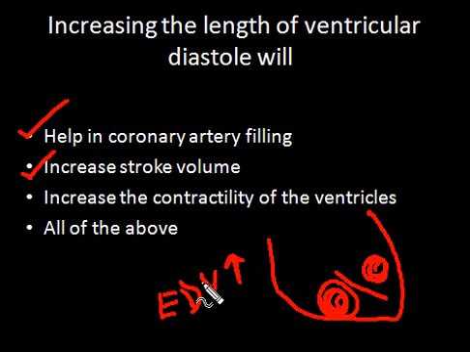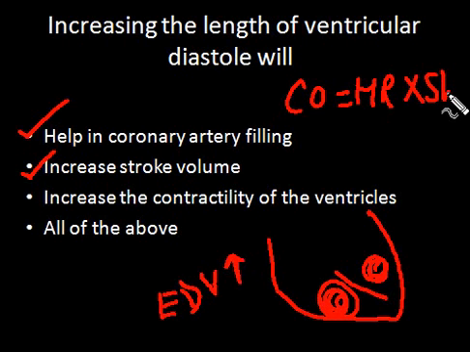And actually, this is how athletes maintain their cardiac output. See, cardiac output is heart rate times stroke volume. Now, because of a high vagal tone, the heart rate in athletes is low. If this is low, this has to increase. So the athletes maintain their cardiac output by having a very high stroke volume.